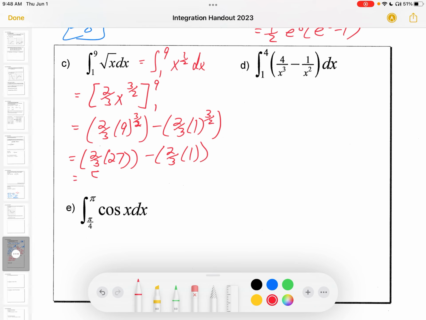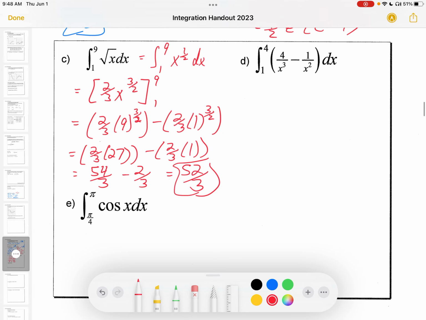So what do we get? We get 54 over 3 minus 2/3, or 52 over 3. So that's telling us that if you had this square root function from 1 to 9, that's all above the x-axis, this area would be 52/3.